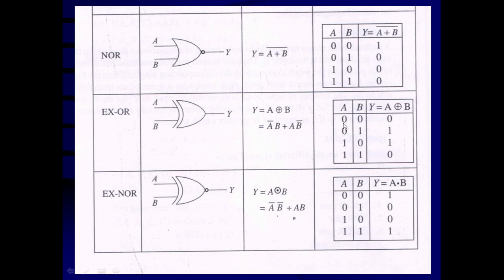It indicates that if the inputs are the same, the output will be 0, and if the inputs are different, then the output is going to be high. So this way, the exclusive OR gate can be utilized as an inequality comparator. It compares the two inputs, and if the inputs are different, then and only then the output is going to be high. If the inputs are the same, the output will be 0.